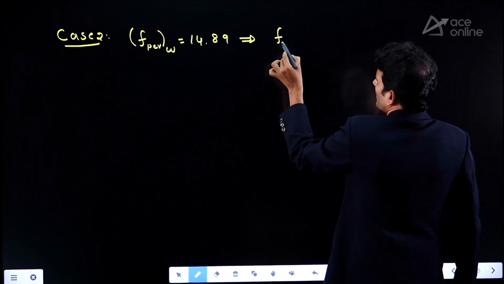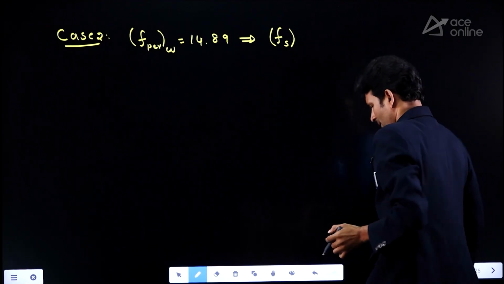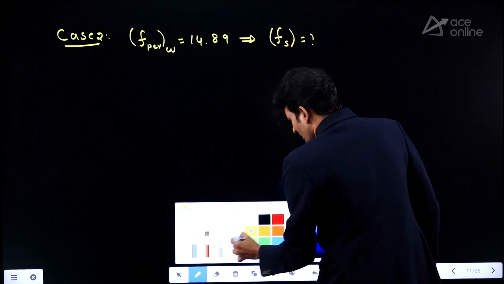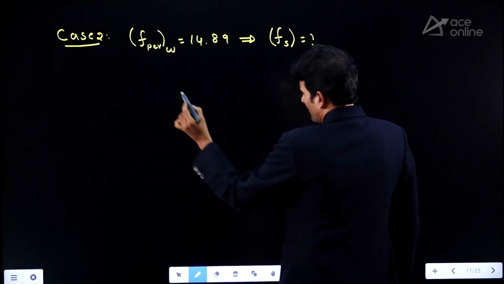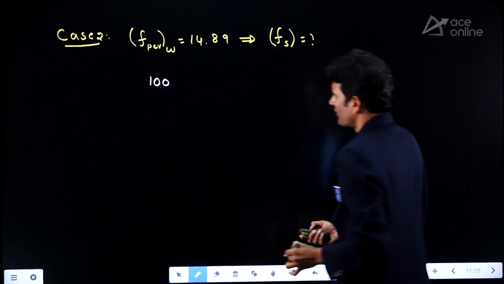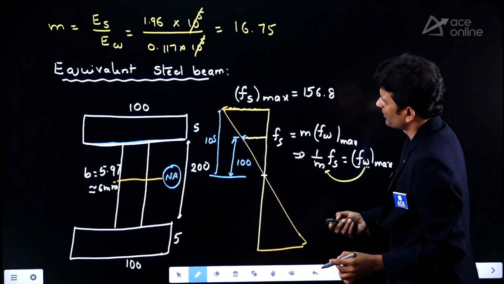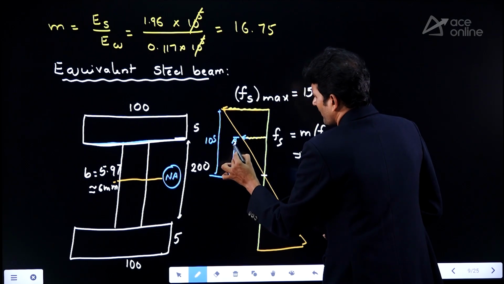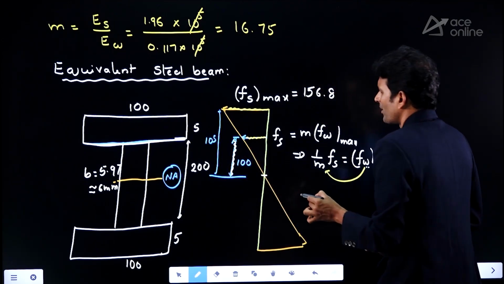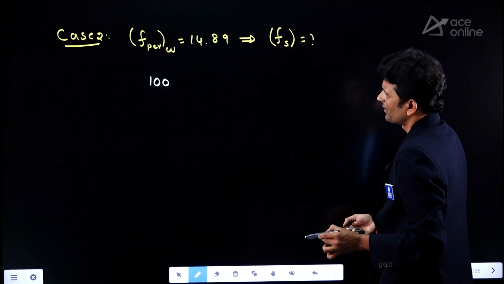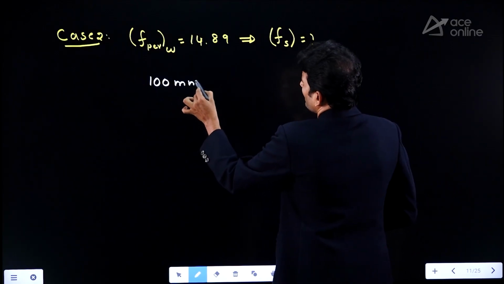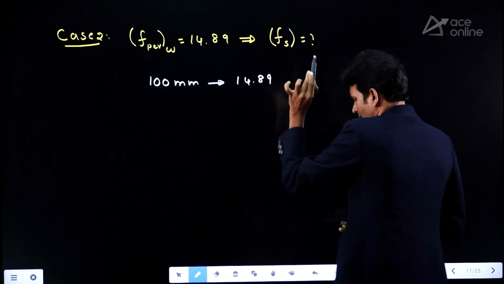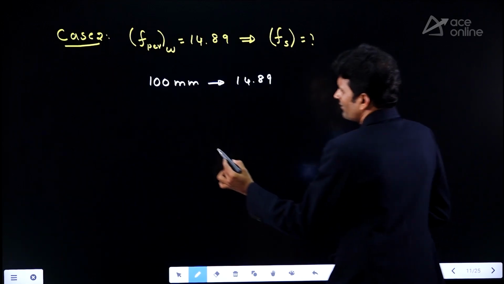Same concept I can use: for the wooden part, the maximum layer distance from here to here is 100 mm. For 100 mm, this time I am taking the stress in the wooden part. How much stress are we observing in the wooden part? 14.89 we required. Very good. Then for 105 mm.